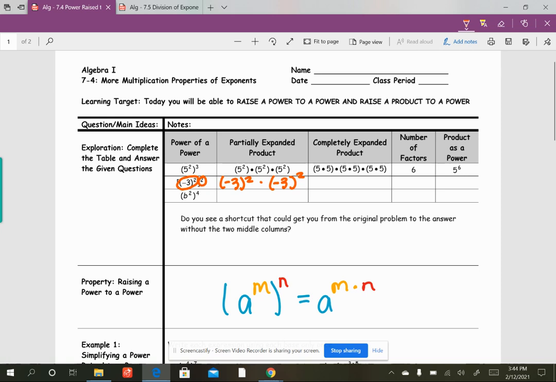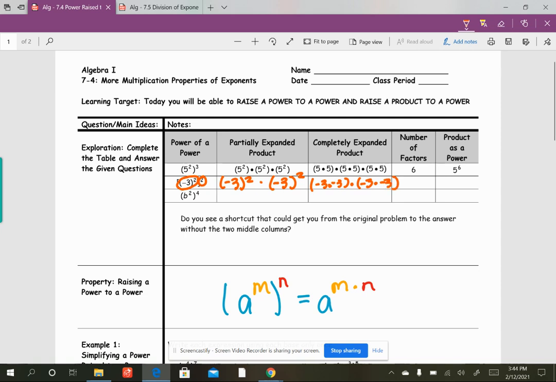So then again, if we think of this, we know what negative 3 squared is, which is going to be negative 3. Again, I'm going to rewrite this because this is sloppy. So this is negative 3 times negative 3 times, again, negative 3 multiplied by a negative 3.